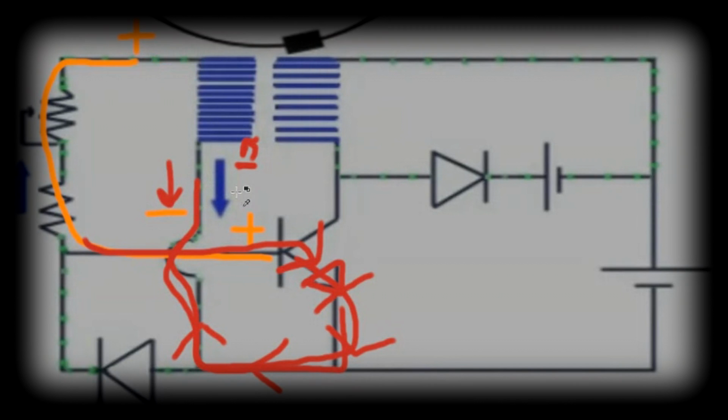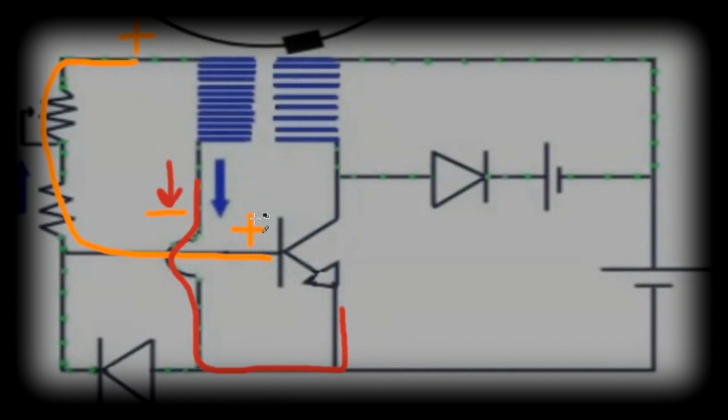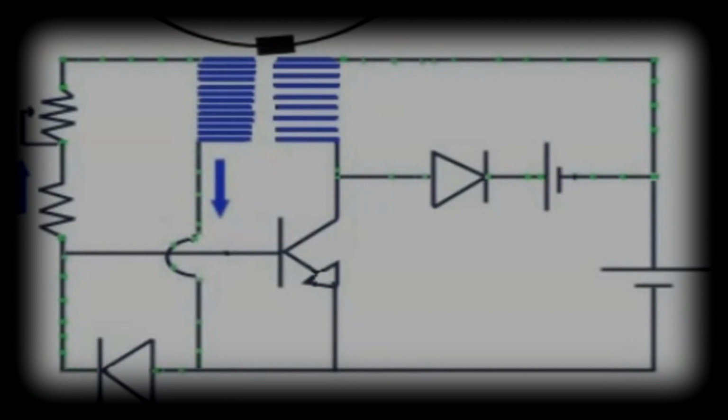And that's how this rotor magnet starts to impact the trigger winding and establish a bias with the transistor's base and emitter. Base receiving plus, emitter minus potential. And then the next stage, the magnet gets even closer to the trigger winding.